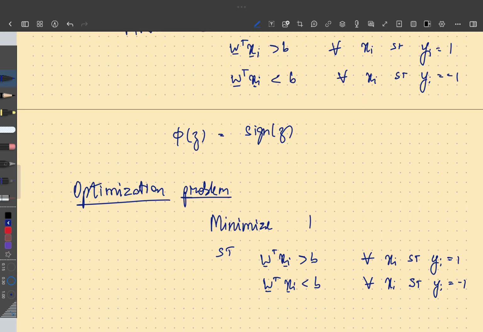So these are a bunch of linear constraints and you are minimizing a trivial objective function. So this is a linear program, and this is effectively what is called a satisfiability problem, because the objective function is trivial. You just want one solution that satisfies these constraints.